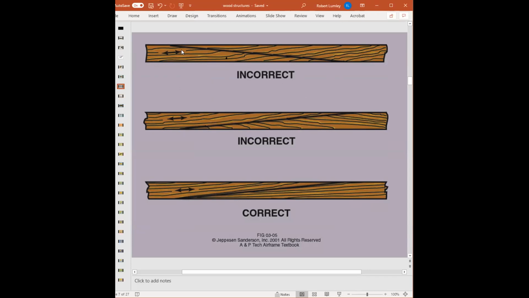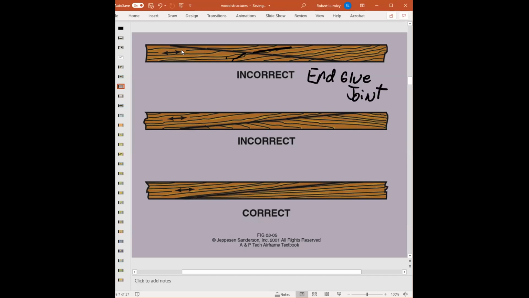Well, if we notice the grain stops where the cut is, and the grain is kind of lining up, we never want to glue what's known as an end glue joint. An end glue joint, okay?